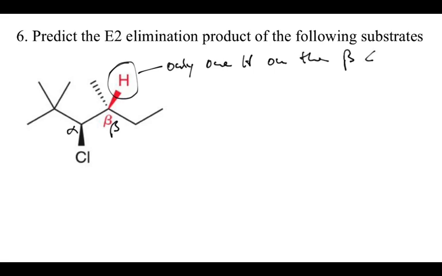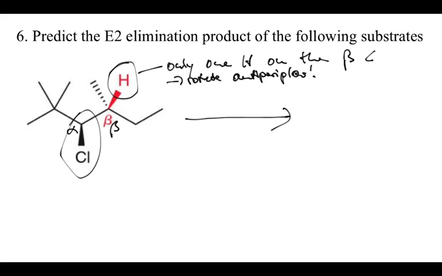So that means we have to rotate to anti-periplanar. Here we have to do this rotation. So I'll show you an easy way to do it. You look at this carbon-chlorine bond. I went through this in the review session.